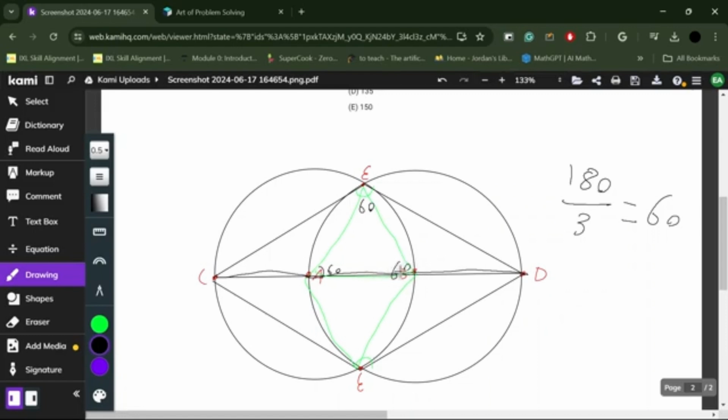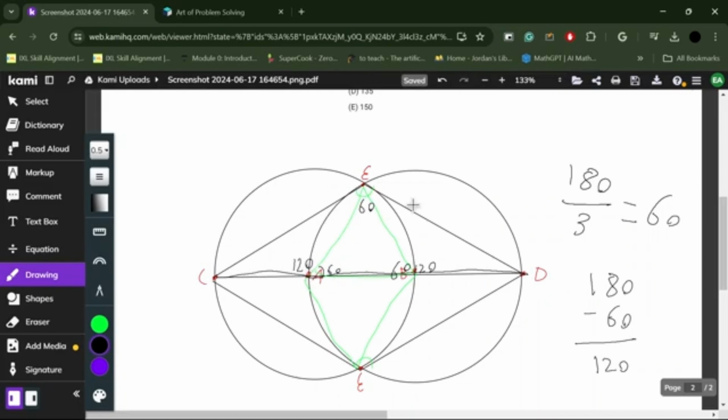And since we know this is 60, we can do some simple subtraction. 180 minus 60, and you get 120. Therefore, we know that this angle is 120, so is this angle, right? Because these are equivalent triangles.